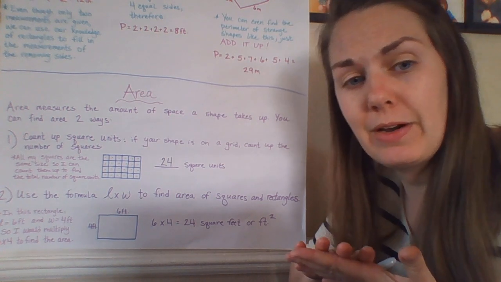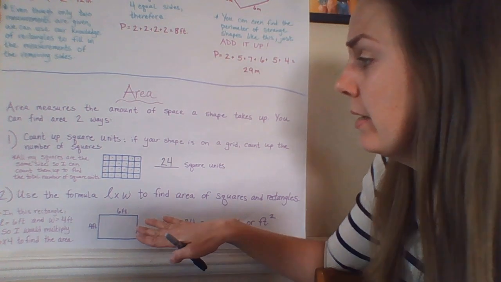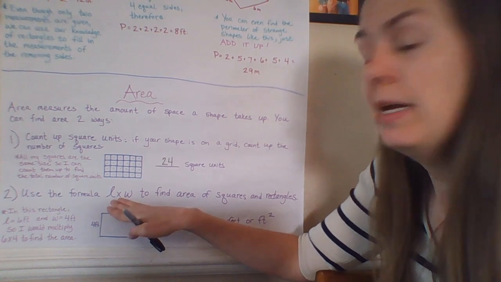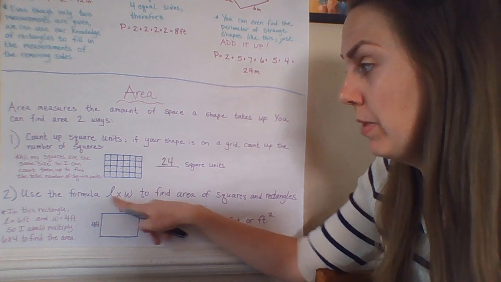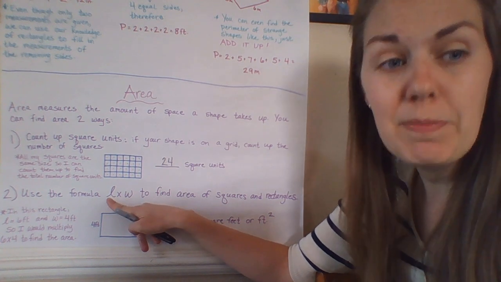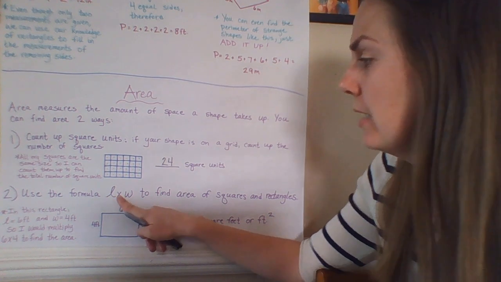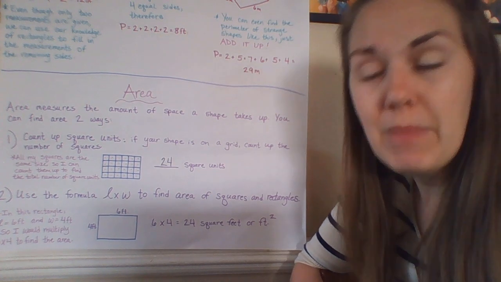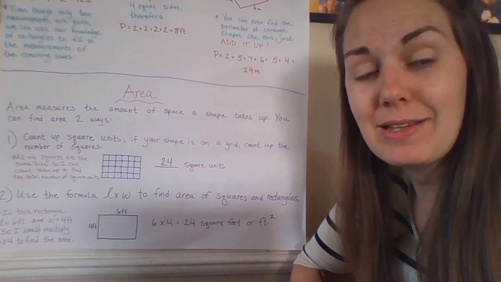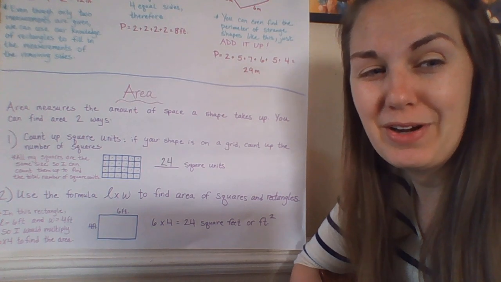The other way to find area is by using the formula length times width. And I've written it here with a cursive L because that's typically how you will find it, length times width. So this is one of many formulas that you will probably be asked to memorize throughout your schooling career.